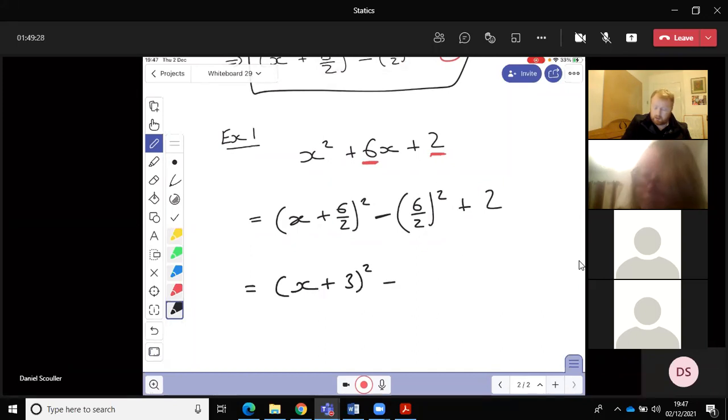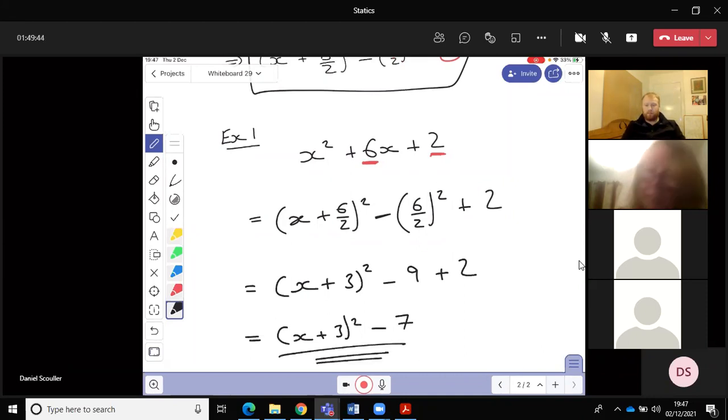So 6 over 2 is 3 squared, 9 plus 2. Okay, that's it. That's completing the square.